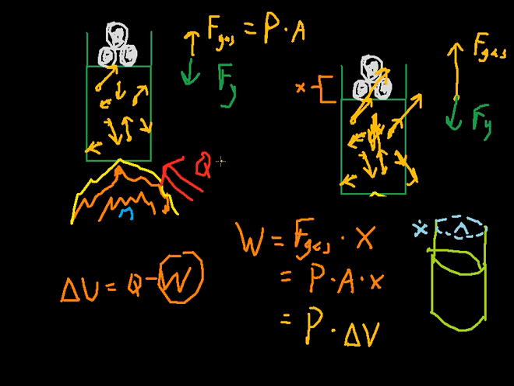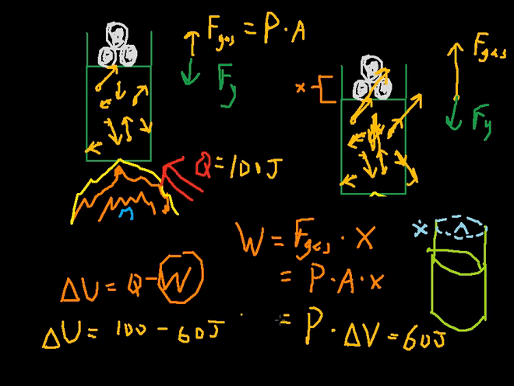Now, what this might wind up being then is that, let's just say this is 100 joules, so we added 100 joules of heat. Maybe this equates to 60 joules. And so what we would get then, if we're solving for the change in the internal energy of the system, is we would get 100 minus 60, because this is work being done by the gas.